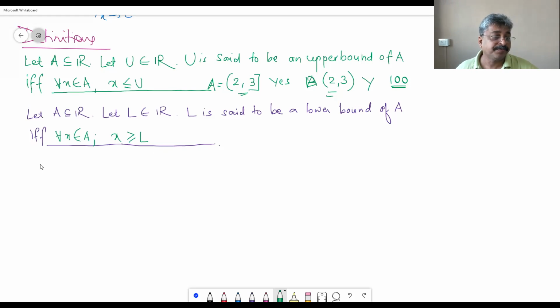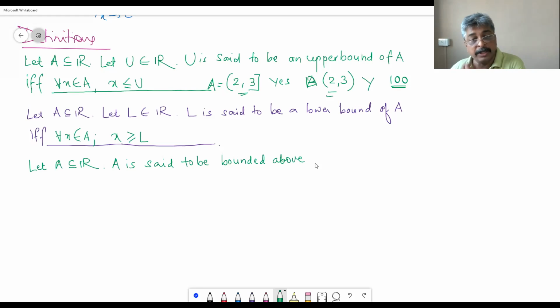Next definition. Let A be a subset of R. A is said to be bounded above if and only if... what should I write after this?